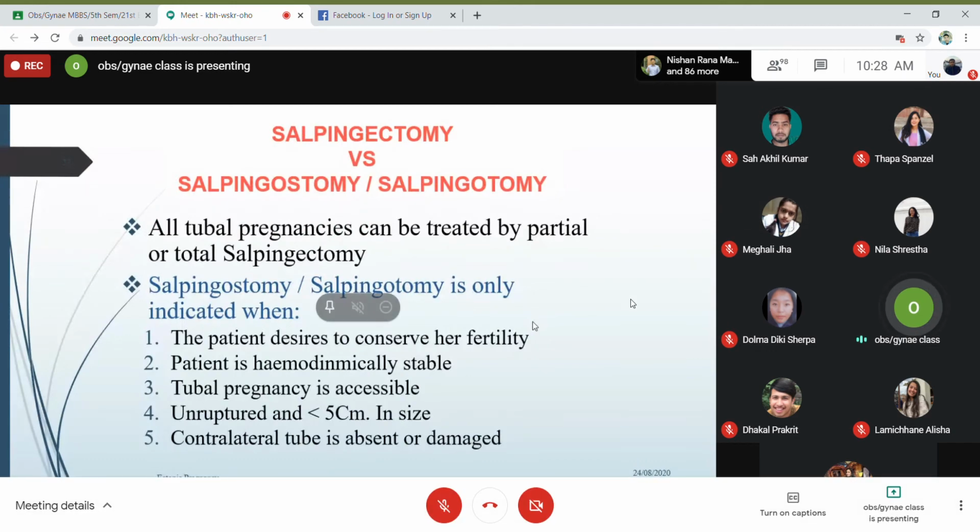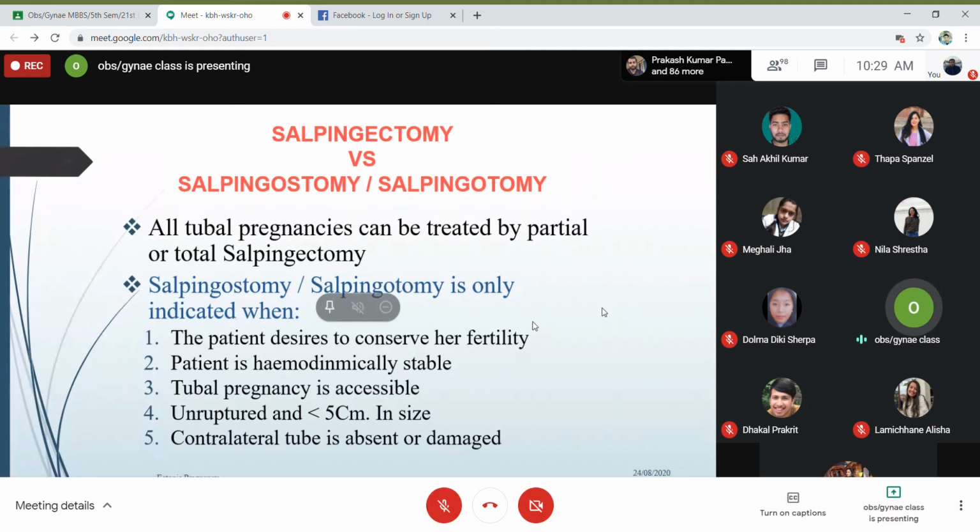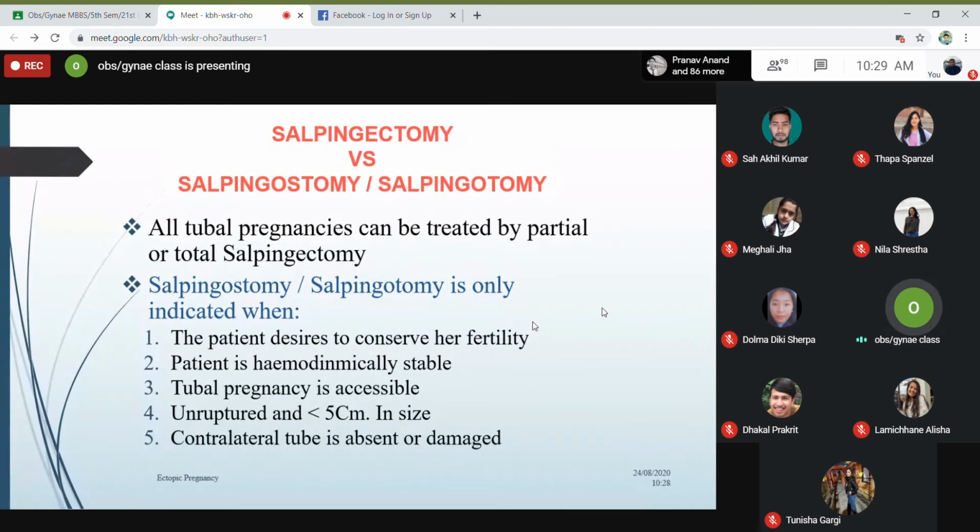All tubal pregnancies can be treated by partial or total salpingectomy. Salpingostomy or salpingotomy, that means a conservative surgery for the tube, is only indicated when the patient desires to conserve her fertility, if she is hemodynamically stable, and if the tubal pregnancy is accessible. You have to be very sure it is this part of the tube, because sometimes it could be here, or along the entire tube.